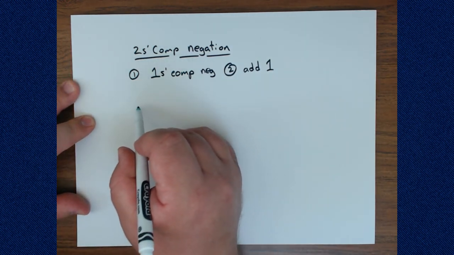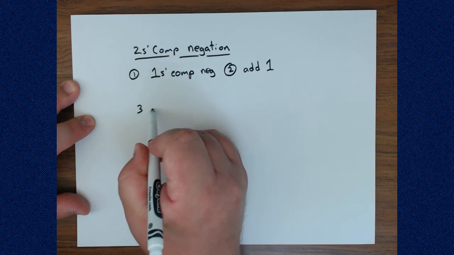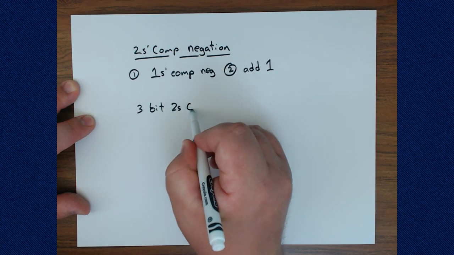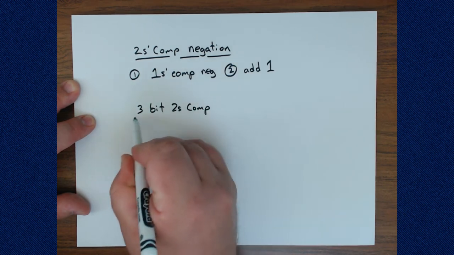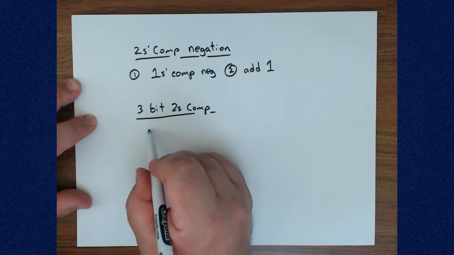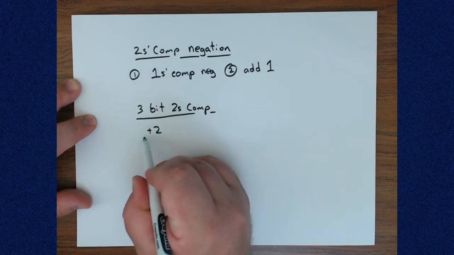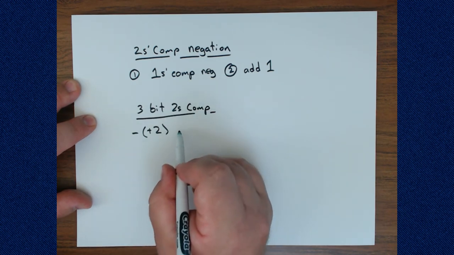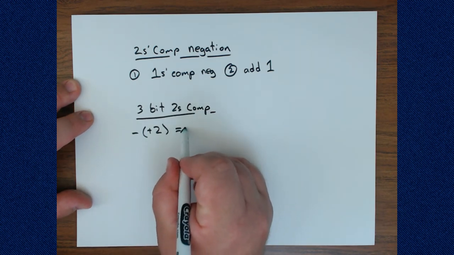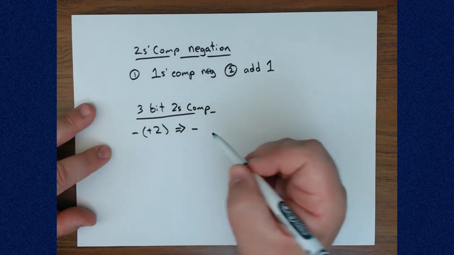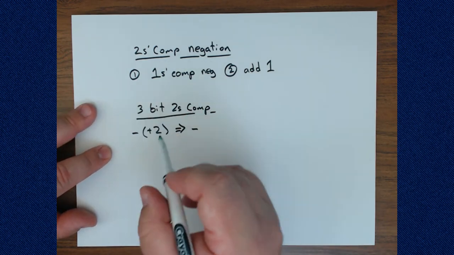So let's try this with some numbers here. Again, we'll look at our 3-bit 2's comp situation here. Let us try to take a number like 2, which is really positive 2, and then negate it. So that's going to give us the same thing as the negative of the 3-bit pattern for positive 2.